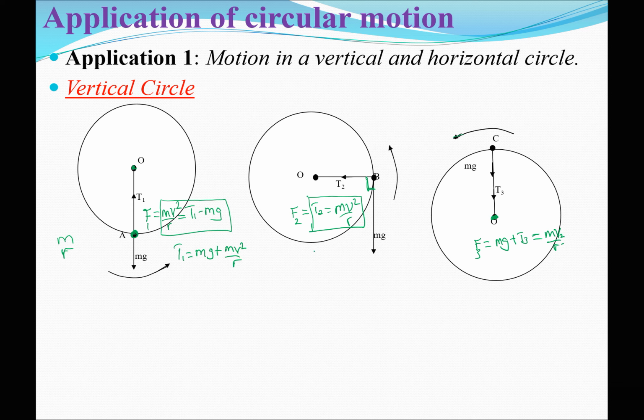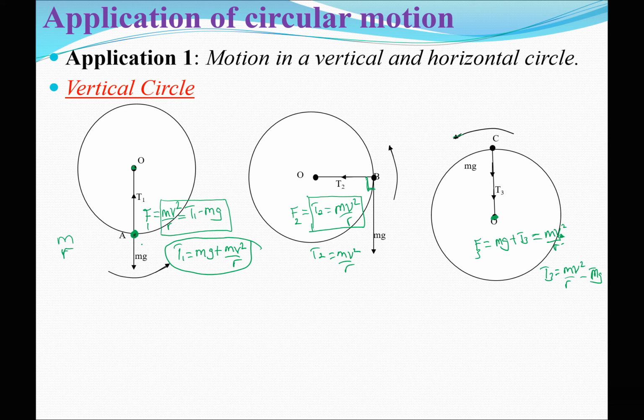And the tension T2 is simply mv squared over r. And the tension T3 is mv squared over r minus mg. It appears as if the tension experienced by the string when the body is in position A is the maximum, or the greatest.